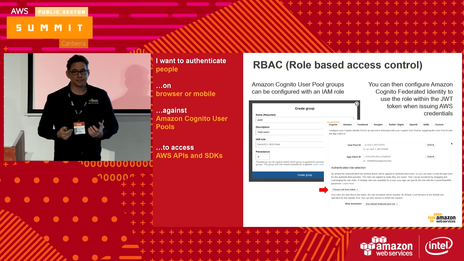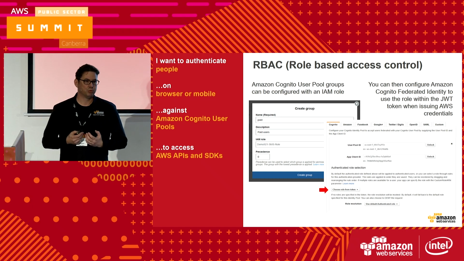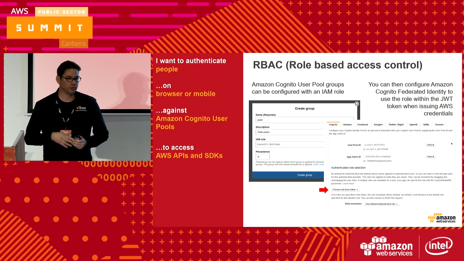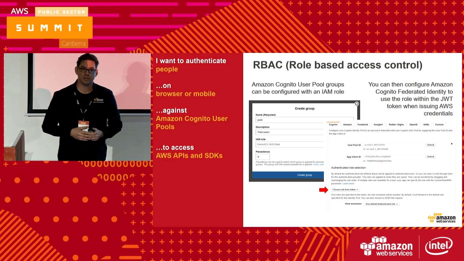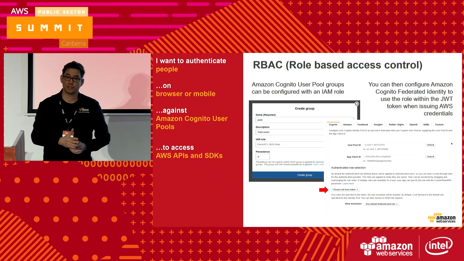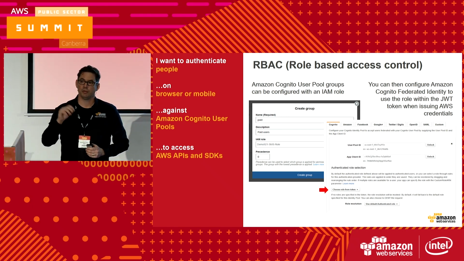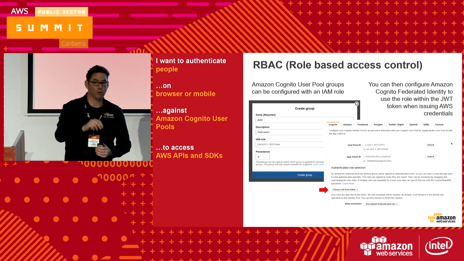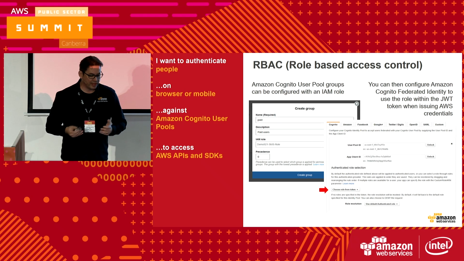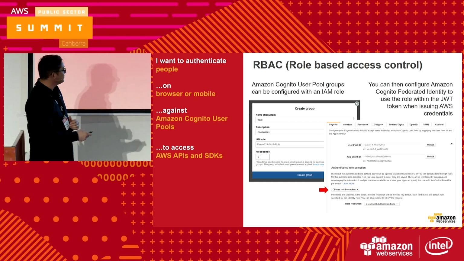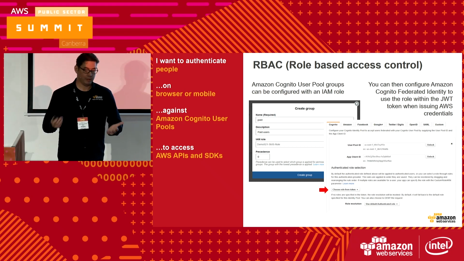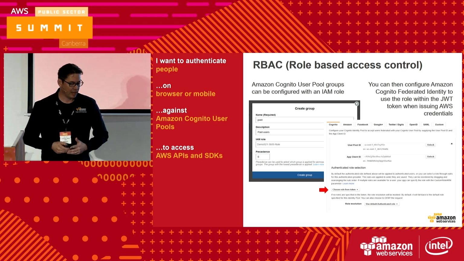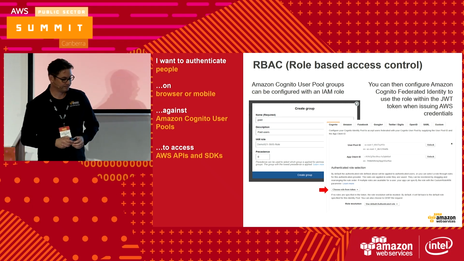To get fine-grained access control, use the Cognito User Pools Groups feature. What this allows you to do is fairly straightforward. You can create groups and you can then start putting users into those groups. But what further functionality you've got is the ability to associate an IAM role with that particular group, and you can then use those roles that are being passed through from the token and map them directly to the Cognito federated identity to provide you with those IAM credentials.